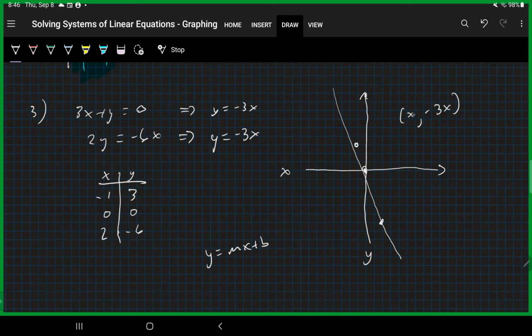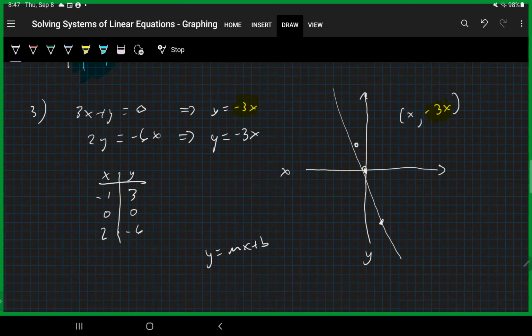And so we're going to call the x value x. And the y value is going to be whatever the mx plus b gets spit out. And if you notice, that's in slope-intercept form, where the intercept is (0, 0). And so this negative 3x is my y value. And that's how WebAssign is going to want you to enter your points.